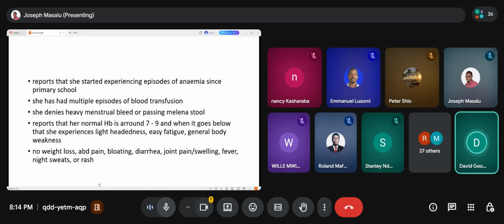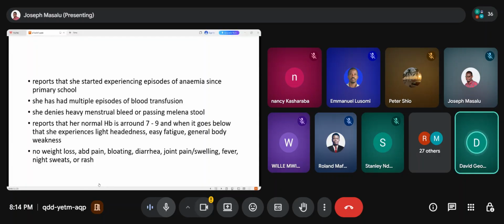But we do not pick that from the history, and therefore if we just deal with the problem of anemia, this is provisional, but I will wait and see the CBC, and then I hope I can make some progress from there.